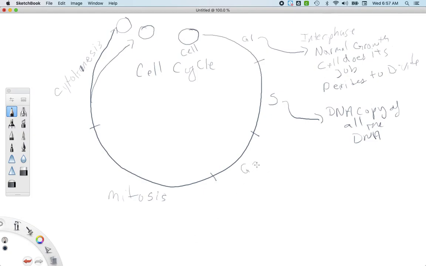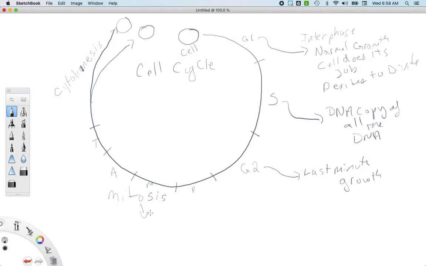Before we go to mitosis, there is also G2, which we said was last minute growth. From G2 to mitosis, we go to prophase, metaphase, anaphase, and telophase. Pro, meta, ana, tele.